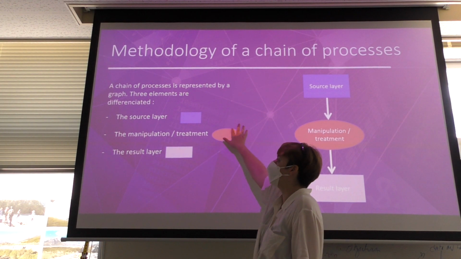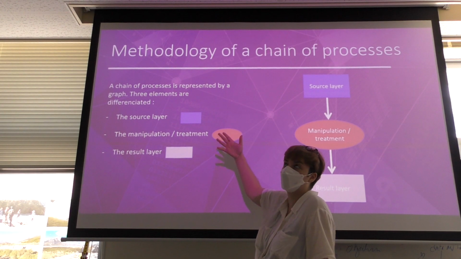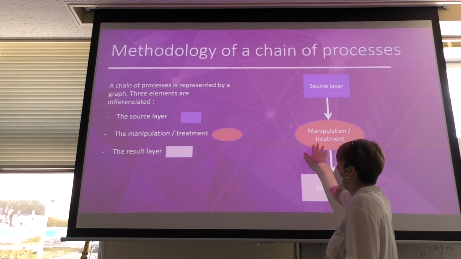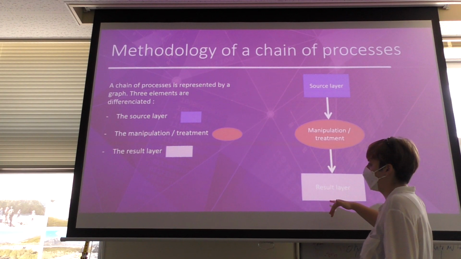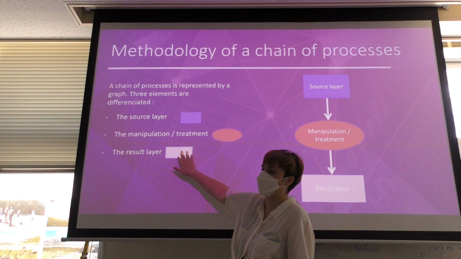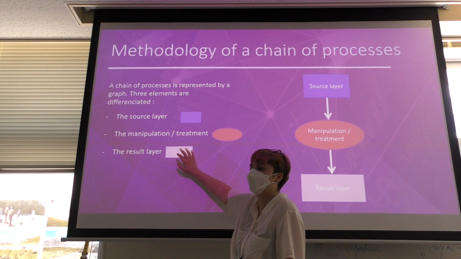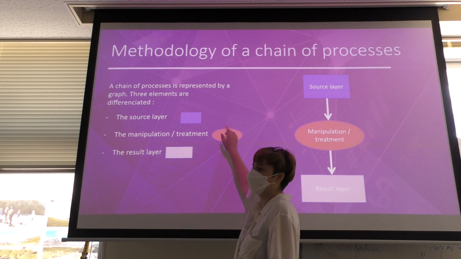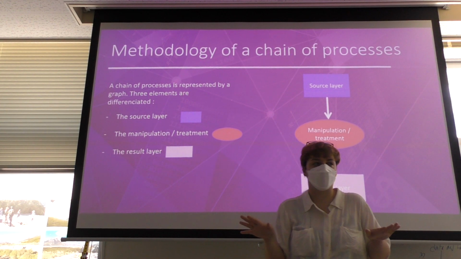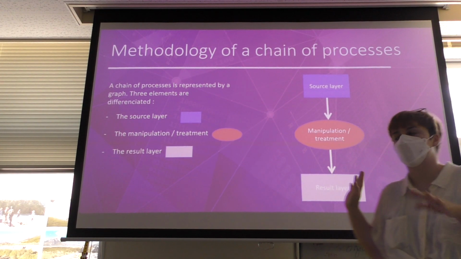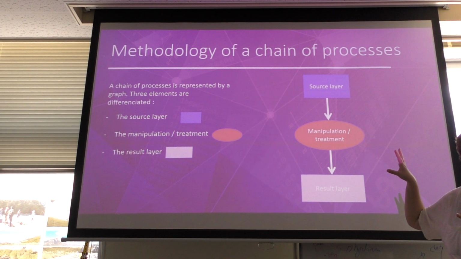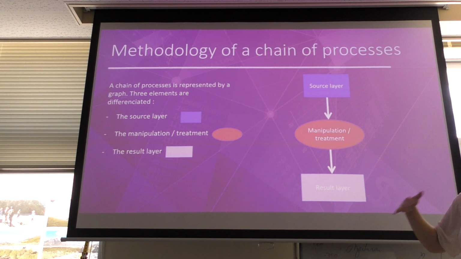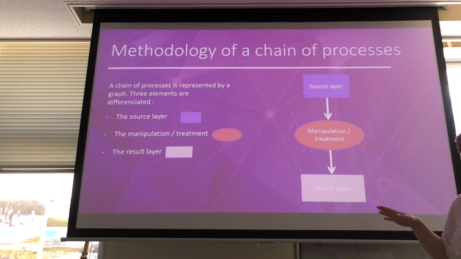After that, you have the manipulation or the treatment in another form, like here. And at the end, you have the result layer, the one which is created when you do the treatment and things like that. Okay? It's not really complicated like that, but does everybody get it? 大丈夫ですか? わかりましたか? いい? Okay.